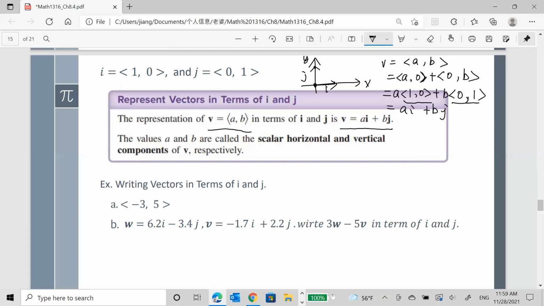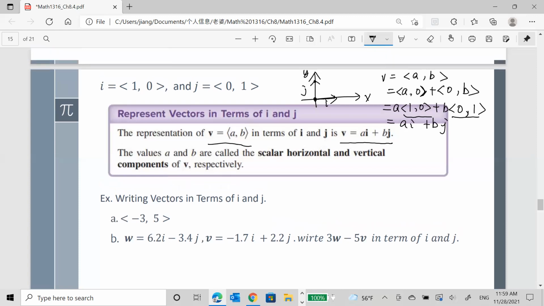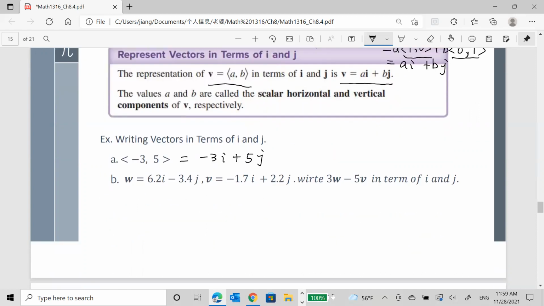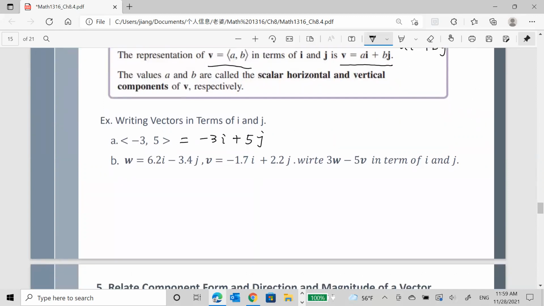Okay, write the vectors in terms of i and j. So number a is very easy because we know that equals negative 3i plus 5j. That's it. And then number b is a little bit difficult because you need to do some computations. First, find 3w. 3 times w equals 6.2 times 3 is 18.6i, and then minus 3 times 3.4j.